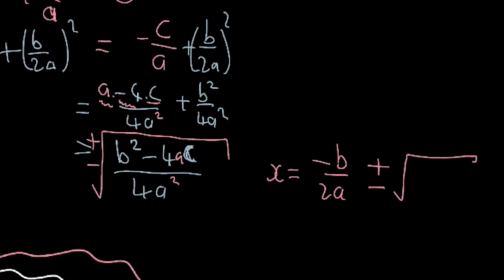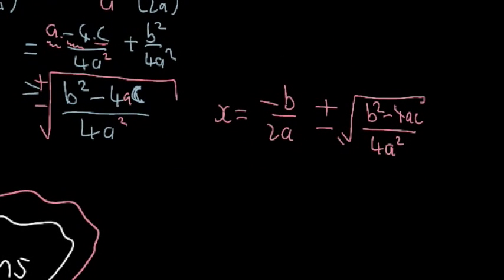Now what's in here? Let's think about it. So can't I perhaps simplify this somewhat? So I have got that. So actually those are the answers to any quadratic equation, but it still needs to be simplified a little bit.